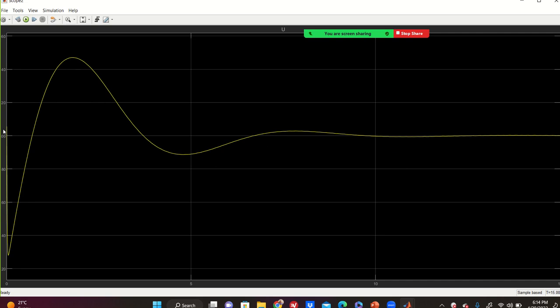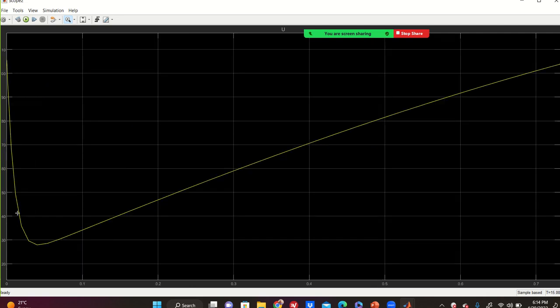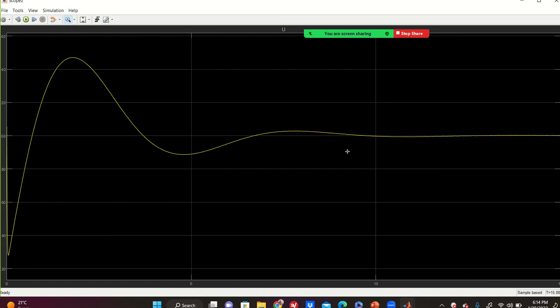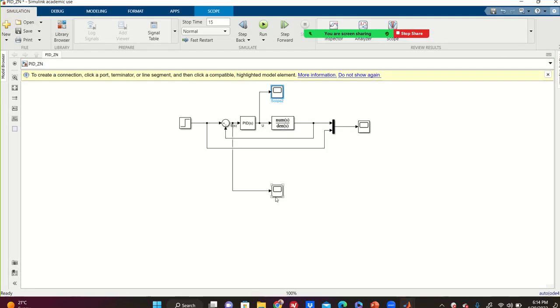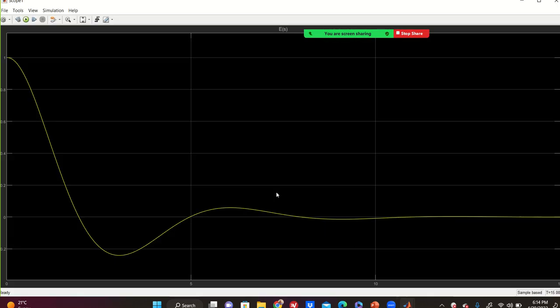Here, coming down, up and down. Let me make it larger. Here we go. It is coming to the minus, and then going up, and this is U. And obviously the error signal goes to 0.